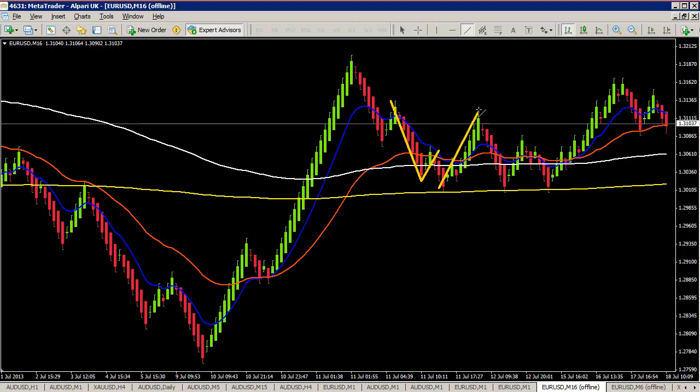This is what you are expecting, and then the price does not stop here at the 36 or 200 and you don't get a signal. And that is then for sure the second sign for a potential range.